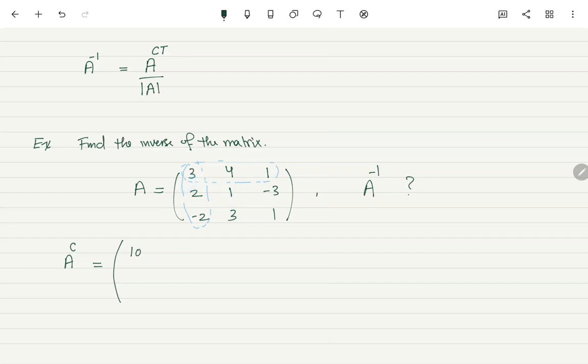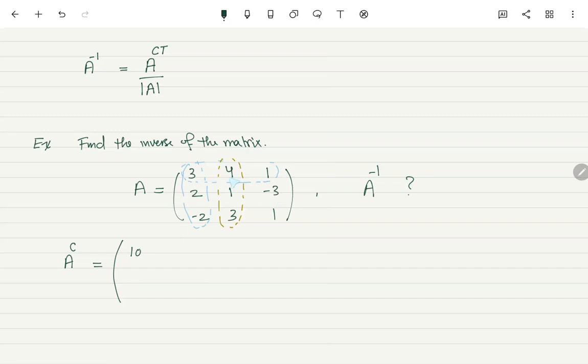Now let's repeat the same procedure with element 4. You cover the first row and the second column. The cofactor for element 4 is 1 times 2, which is 2, minus 2 times minus 3, which is 6. So 2 minus 6 is minus 4.